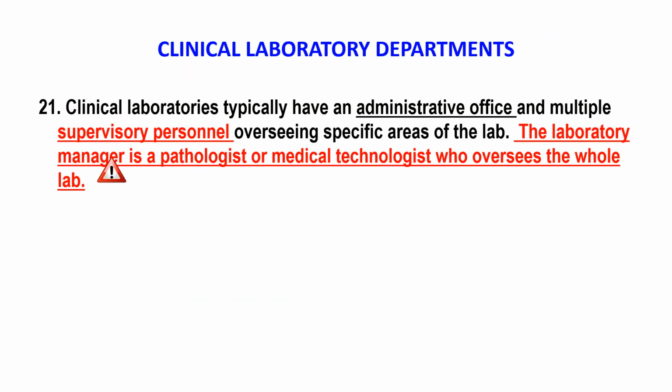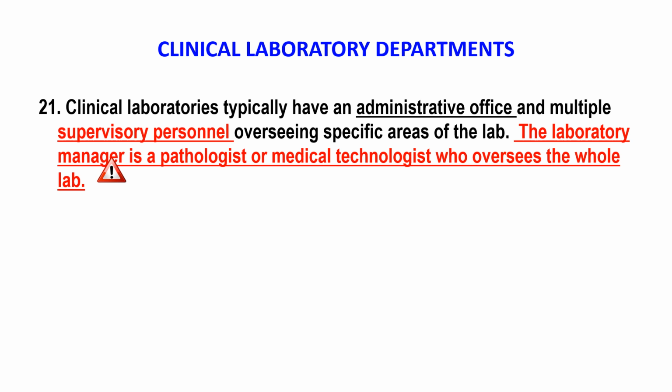Now, clinical laboratories typically have an administrative office and multiple supervisory personnel overseeing specific areas of the lab. The laboratory manager is either a pathologist or a lot of times a medical technologist, or we also refer to them as medical laboratory scientists, who oversee the whole lab.